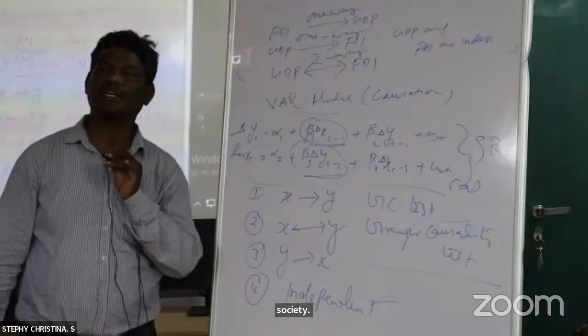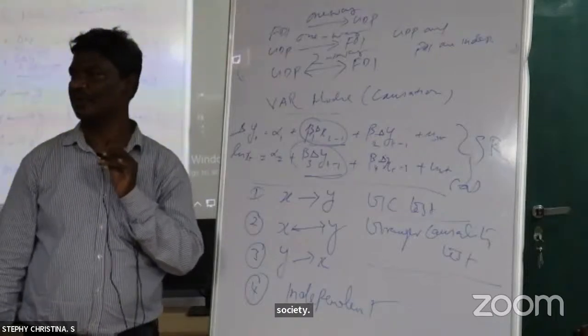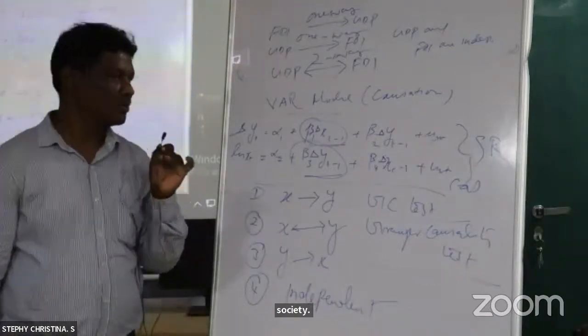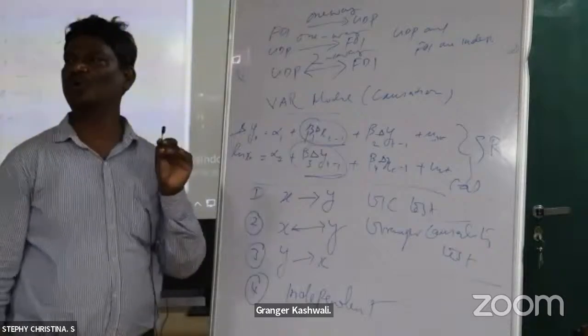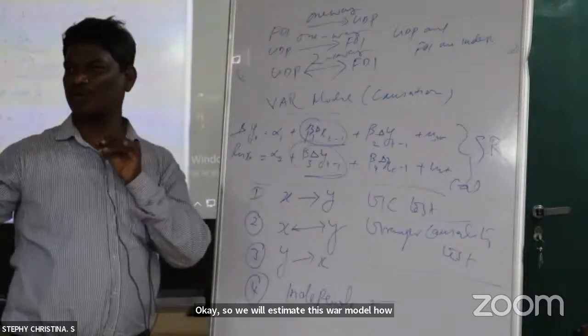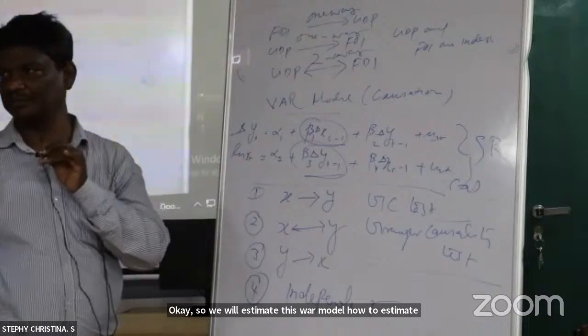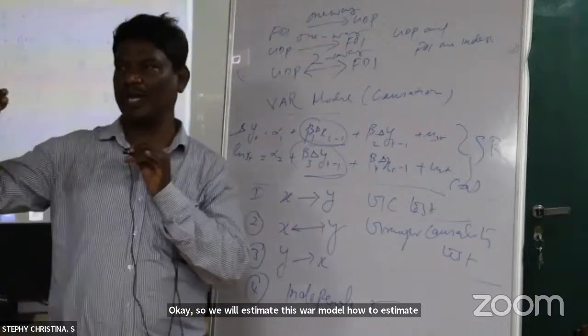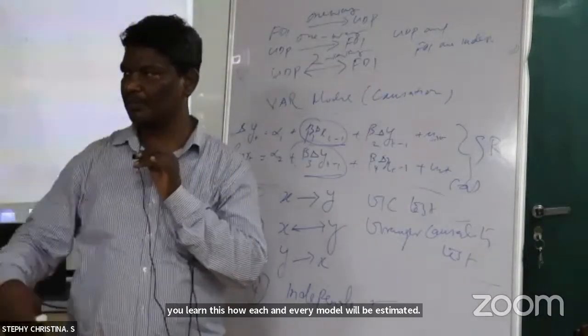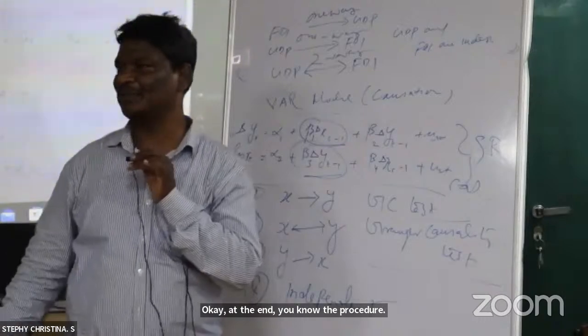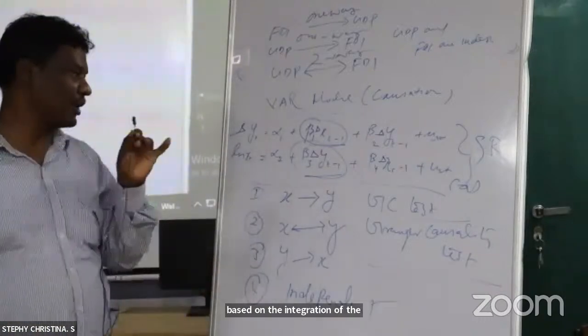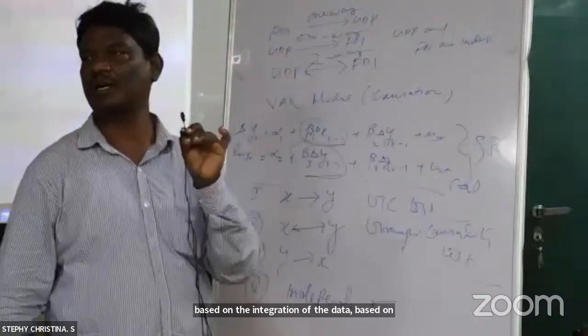So we will estimate this VAR model. You learn how each and every model is estimated, at the end, the procedure based on the integration of the data. So let's go for the VAR model first.